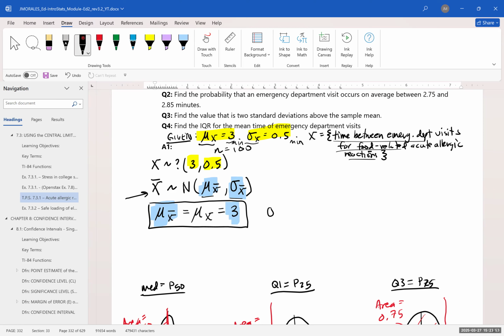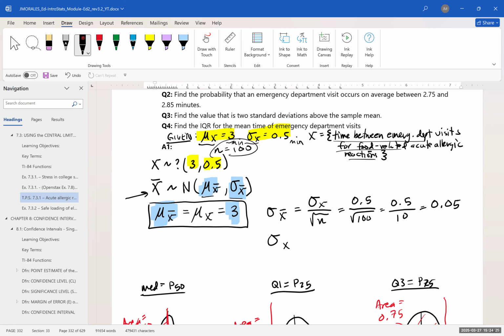Now to get the standard deviation for our distribution of sample means, that's the standard deviation of the random variable of our population divided by the square root of n. This value was 0.5 and n was 100. So 0.5 divided by 10 is 0.05.